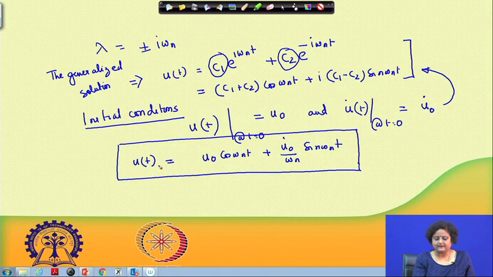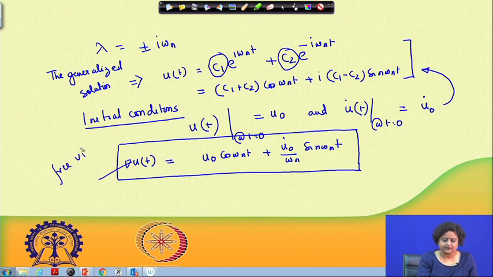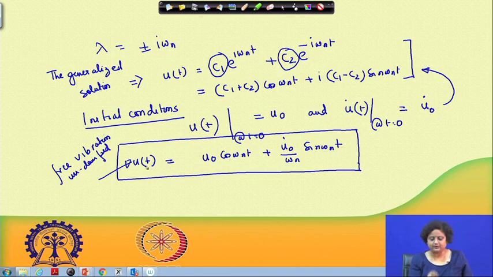So, this is the free vibration response, the free vibration undamped response. I have not yet considered damping. So, the free vibration undamped response u(t) is going to look something like this.